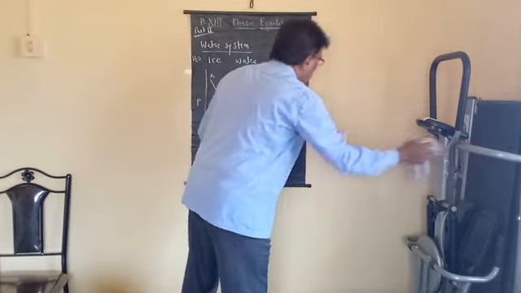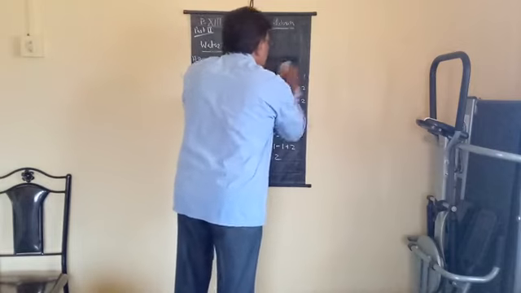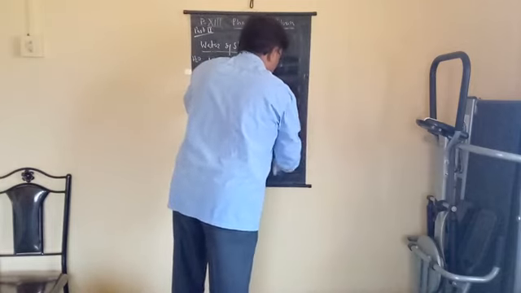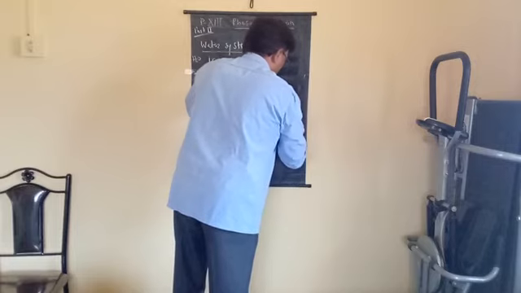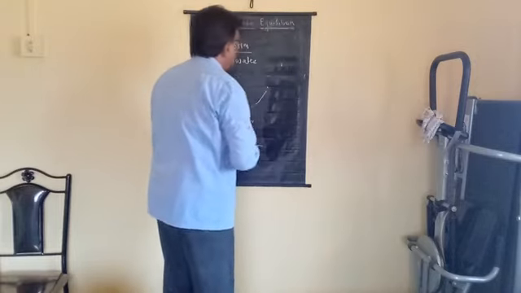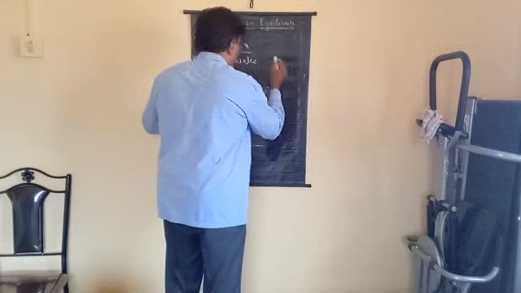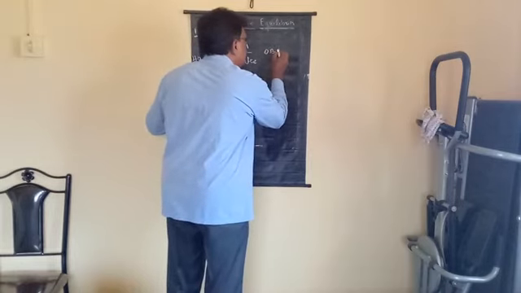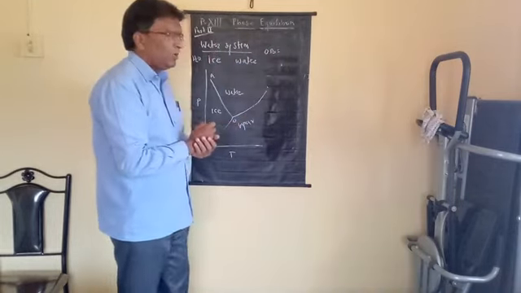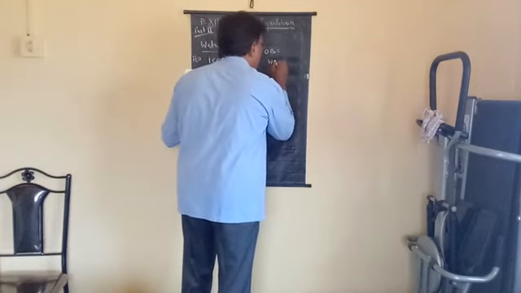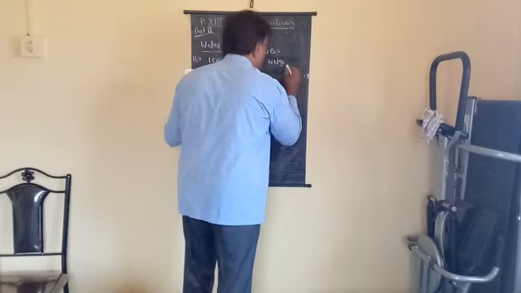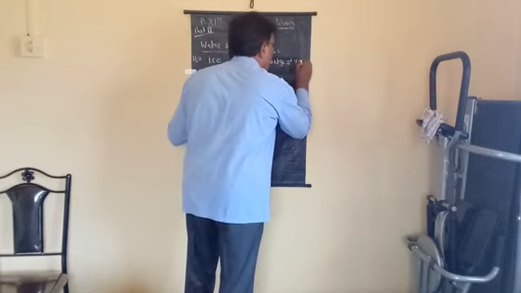Now, let us see the individual explanation of each curve. Curve OB. Along this curve OB, two phases are in equilibrium, which are water and vapor.